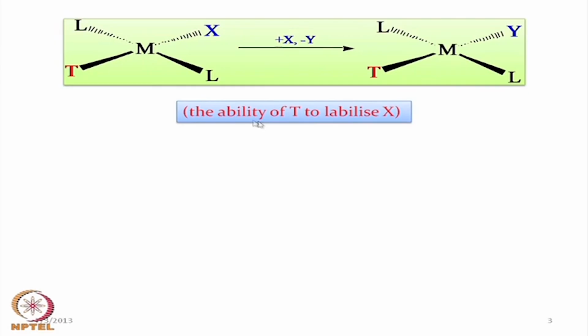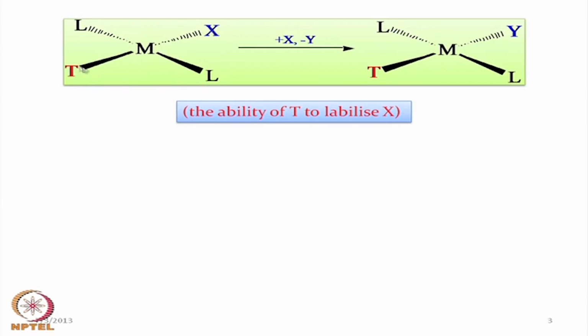So, this particular thing, the red colored T, this ligand, we are considering how it is responsible for labilizing the X group, and that we consider as its trans effect. If there are ligands which have a good trans effect, they will immediately labilize this particular X, and as a result we get substitution at this position.